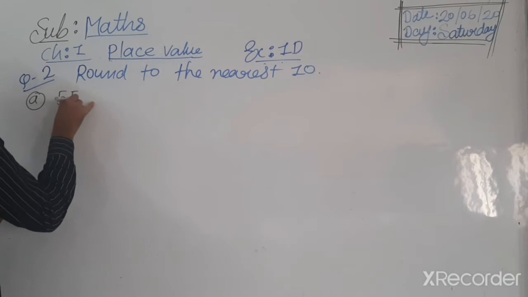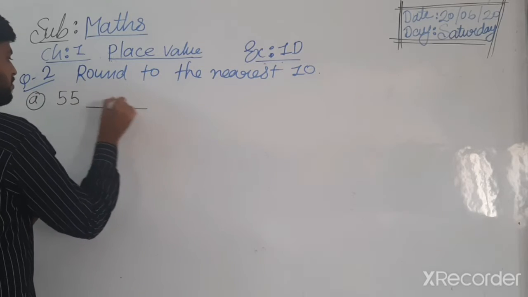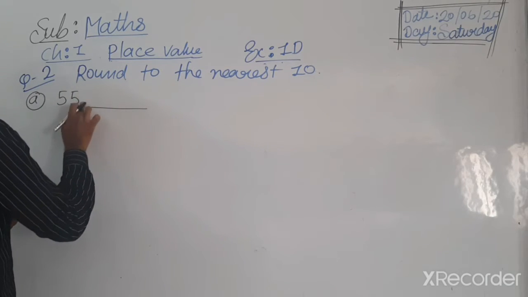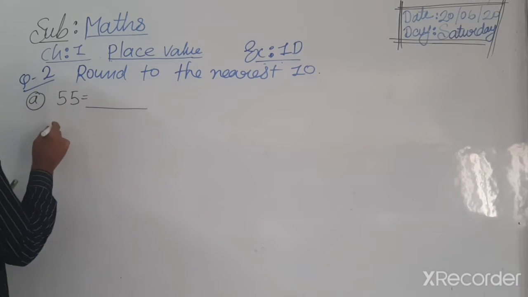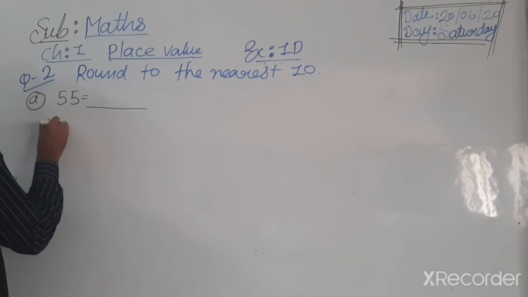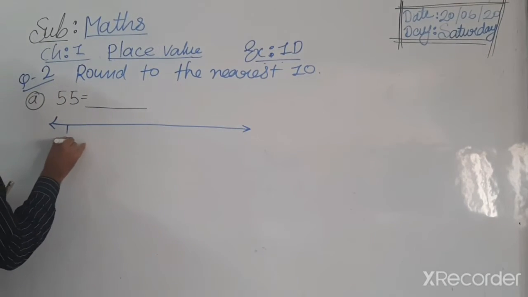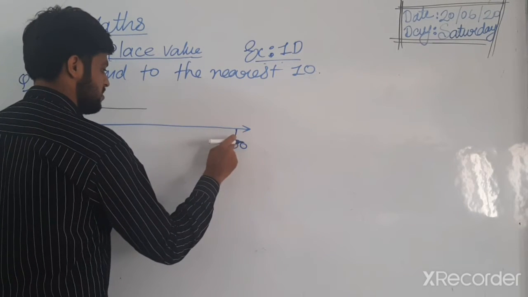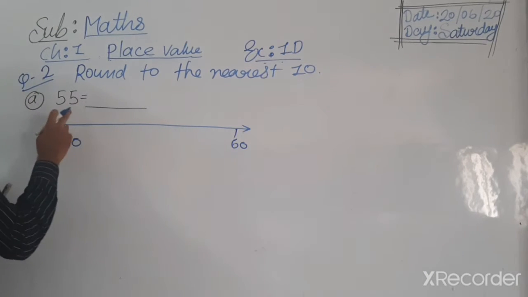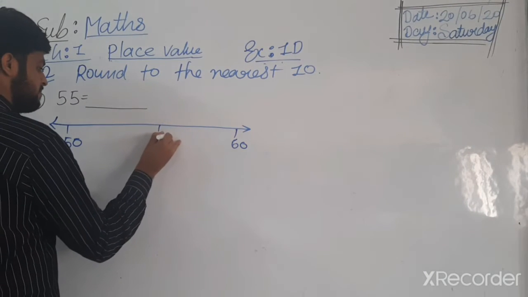So what is the answer here? Round to the nearest ten. So we check on the number line: 50 and 60. Between these numbers we write the tens. Then 55.